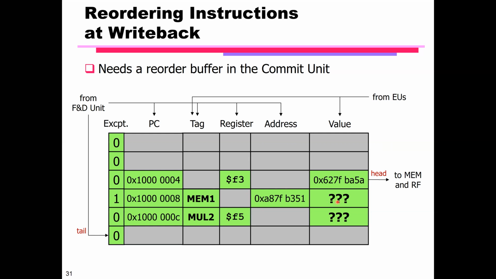Now, this is a little bit incorrect. This is a correct sentence when I go in the reservation station. I don't know if the reservation station needs this value from the execution unit, but I look, and if I find it, great, I replace the tag with the value.